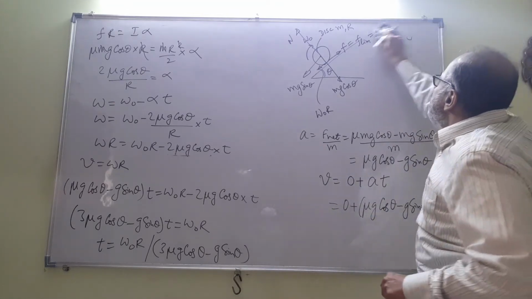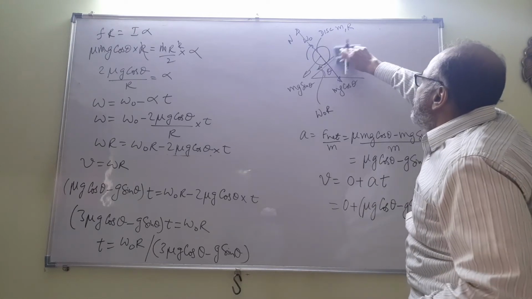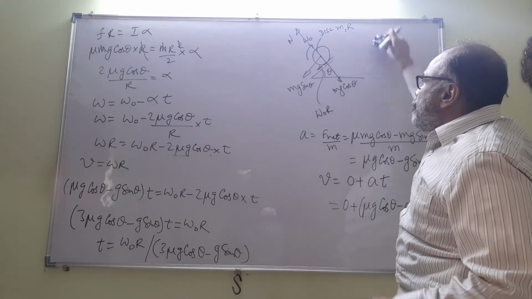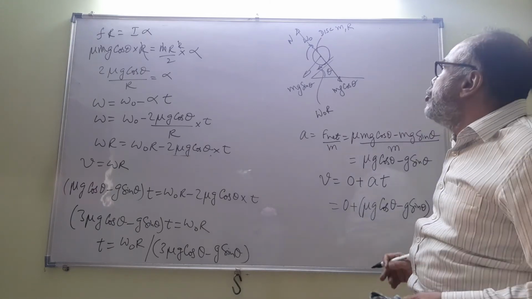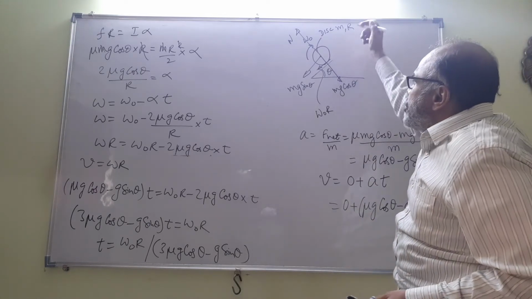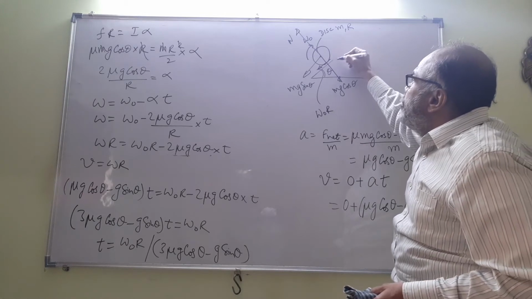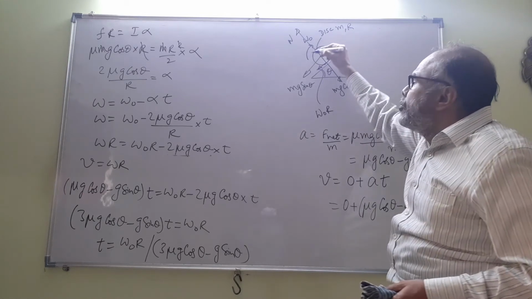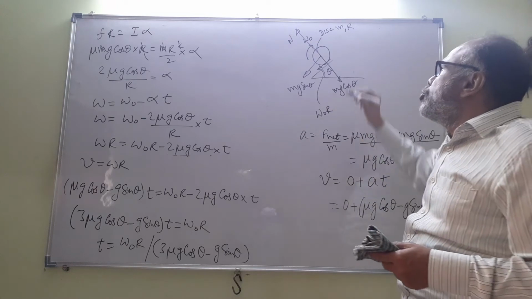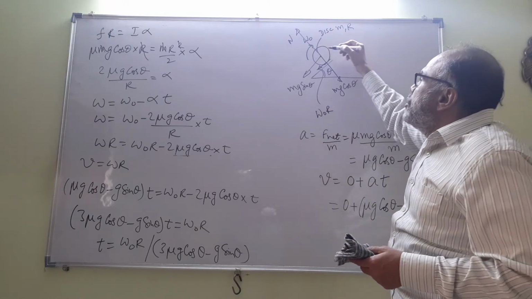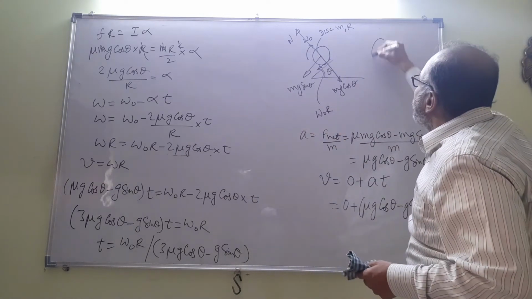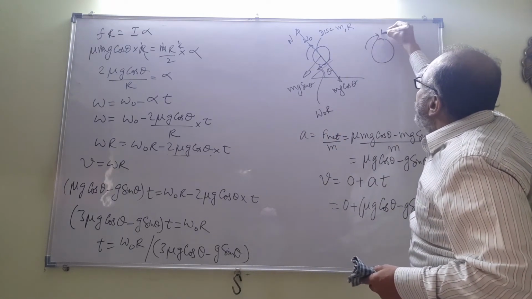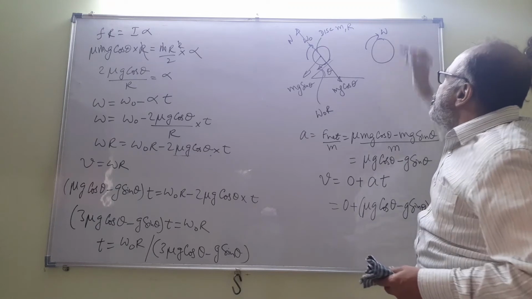But if friction disappears for a while, see what happens. Will the pure rolling be sustained? Will the pure rolling continue? Let us see. Since friction has disappeared, there will be no torque about the center of mass. If there is no torque about the center of mass, this omega, which we saw during pure rolling, will not change.